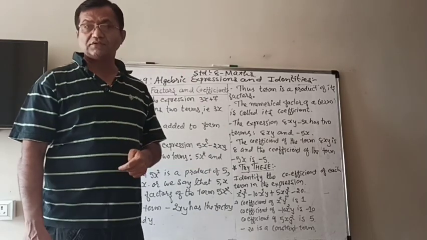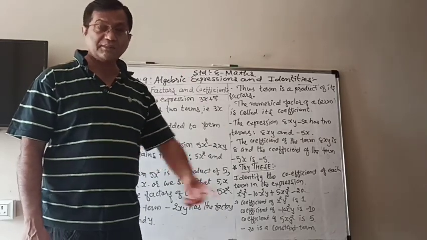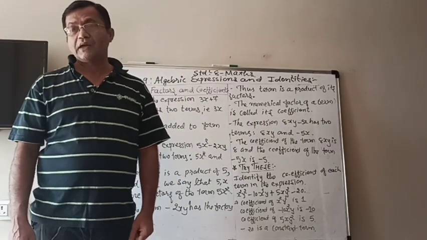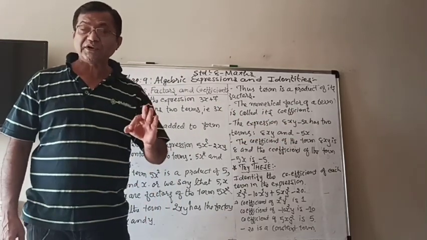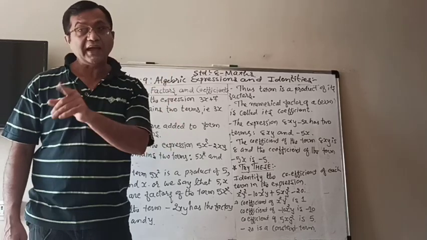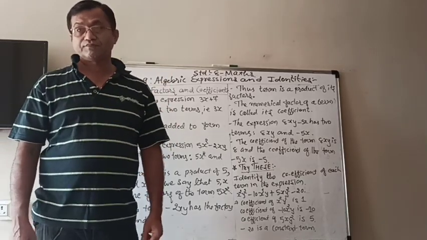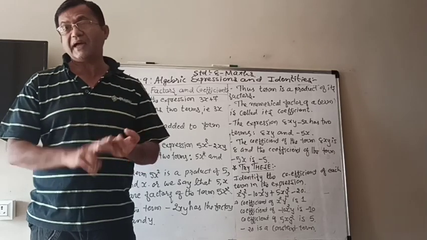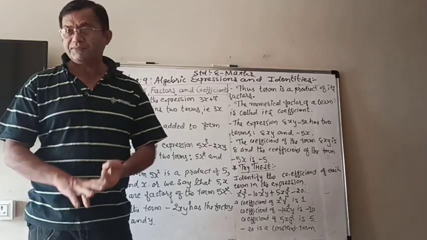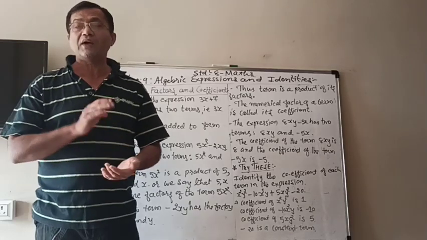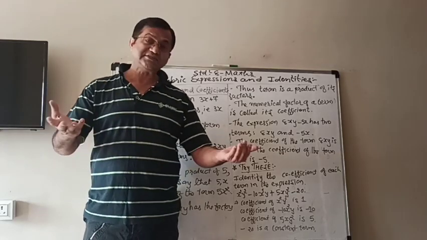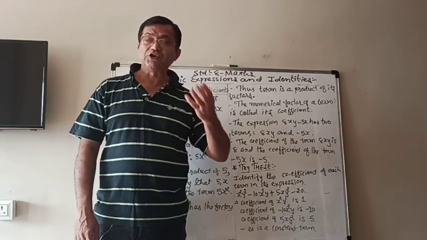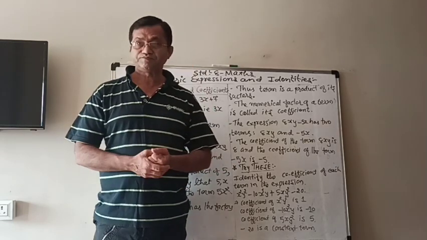Consider the second term. Which is the second term? It is minus 5x. So minus 5x is a product of minus 5 and x. So which are the factors? Minus 5 and x are the factors of the term minus 5x. Here x is the variable and minus 5 is the numerical value or the constant.